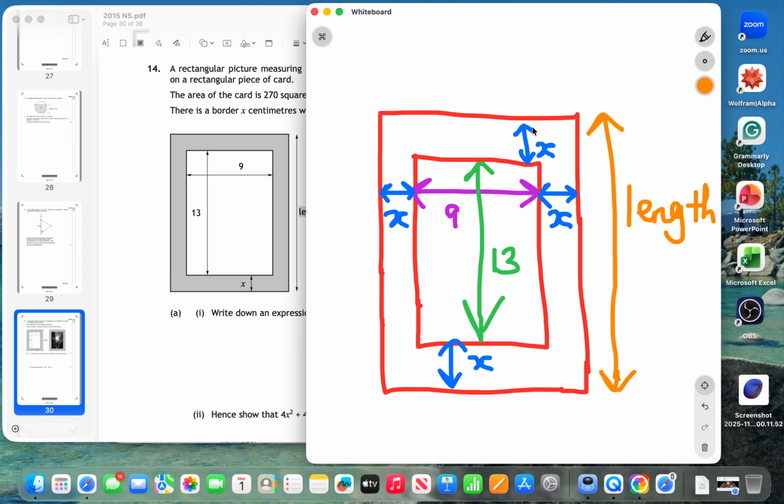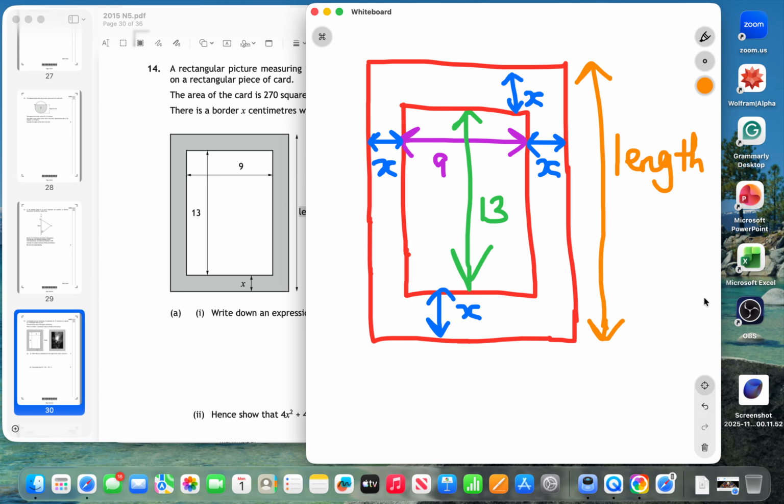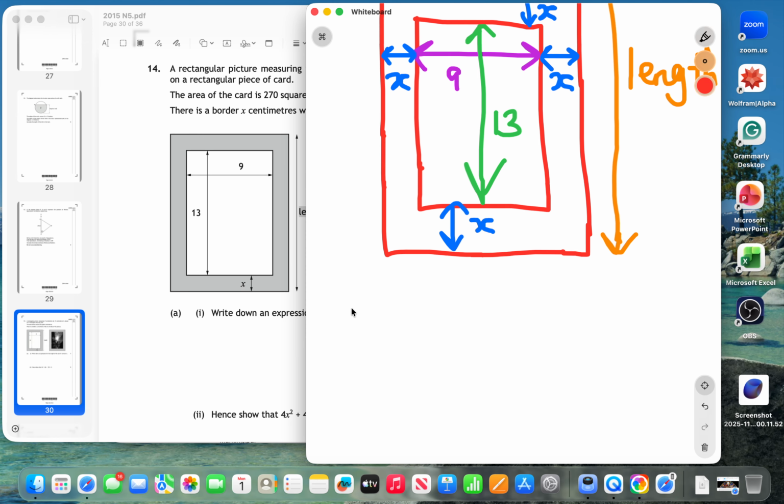So that's X plus 13 plus X. So you can clearly see that this is X, 2X, then 13 plus 2X is the length. So the answer to AI would be 13 plus 2X. And the units, well, a length is centimetres, not centimetres squared. So that would be 13 plus 2X.